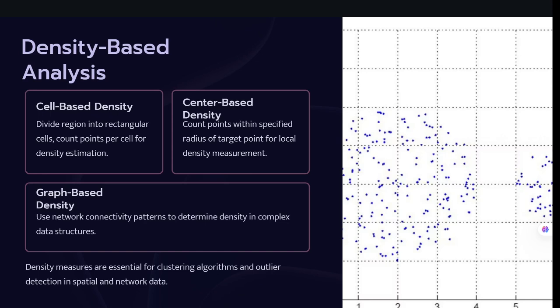For example, banks use density-based clustering for fraud detection. If a transaction is far outside your normal spending cluster, it may trigger a fraud alert. So density-based methods are essential for clustering and anomaly detection.